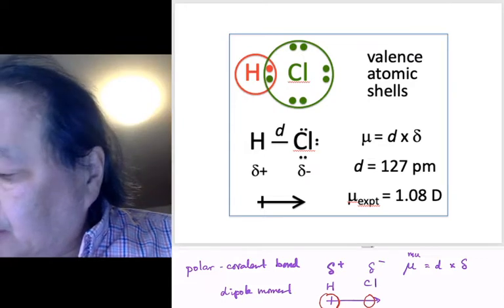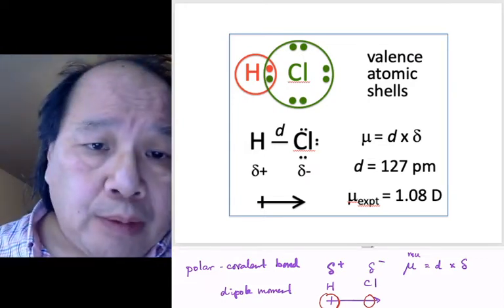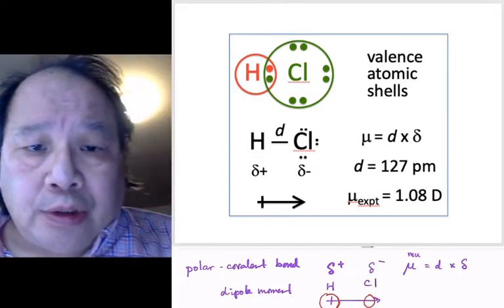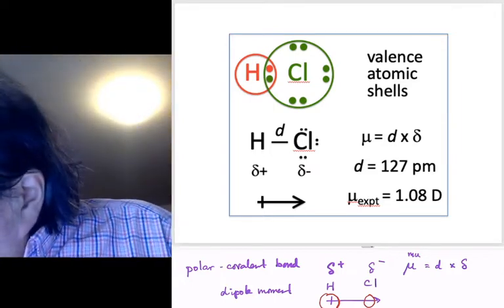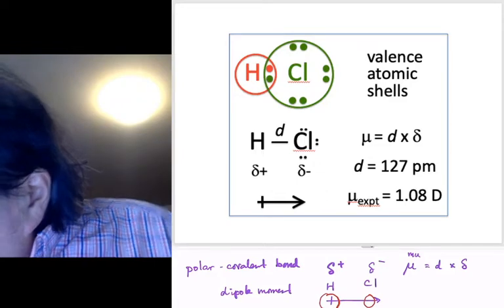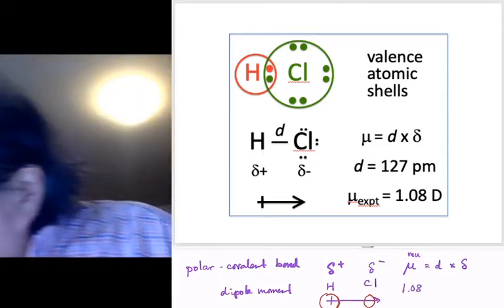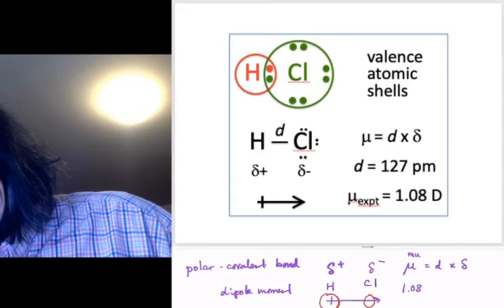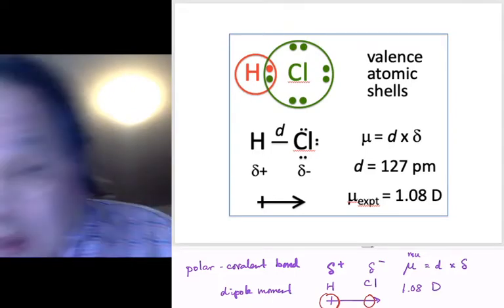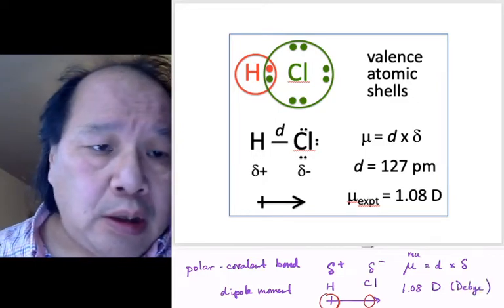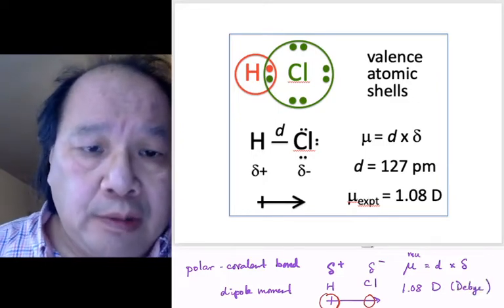The experimental measure of the dipole moment here is mu experiment, 1.08 debyes, and the letter D is the debye, the unit. It's a good one for Cornellians to know. It's the only unit that's named after a member of the Cornell faculty.